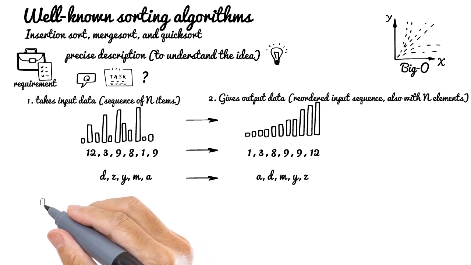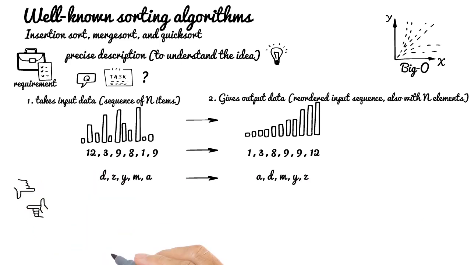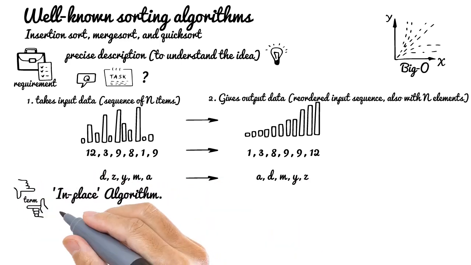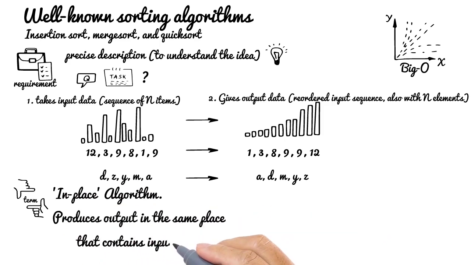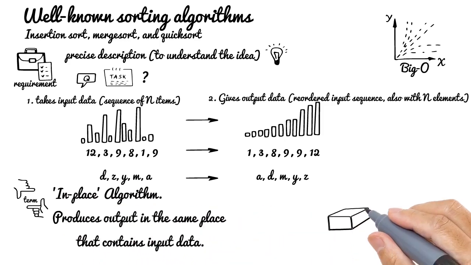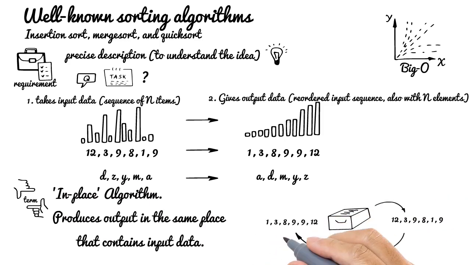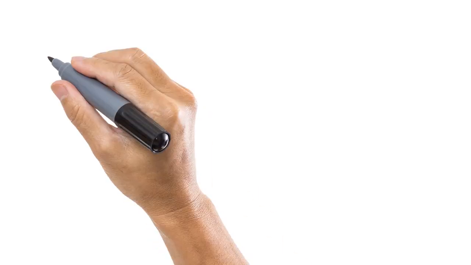Before we proceed with algorithms examples, let me bring one term to the plate. In-place algorithm is an algorithm which produces output in the same memory or place that contains input data. So no extra data structure of input data size is required, but just small memory for temporarily holding particular element. In real life, we can think of analogical examples.